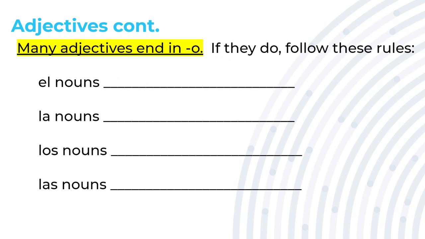Many adjectives end in O, and when they do, to make an adjective agree, you follow these rules. If you have an el noun and your adjective ends in O, you're going to keep the O at the end.